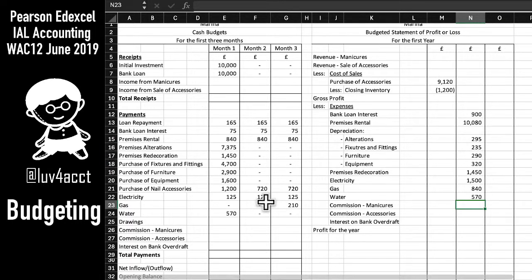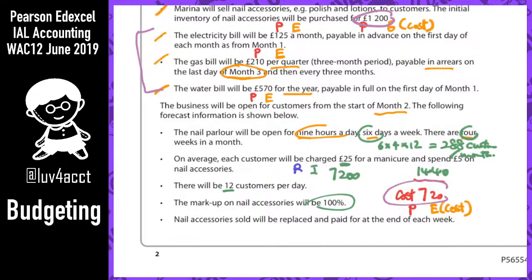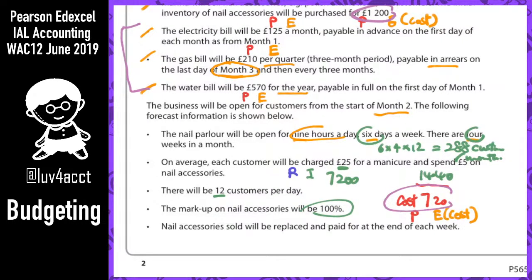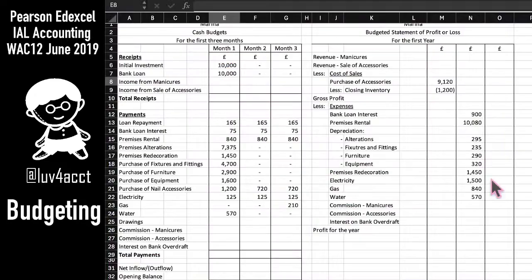Next part will be our revenue part. As we have already calculated, it is not that difficult. Our revenue, let us go back and look first. Business will start in month 2, and we are going to receive 7,200 for manicures and 1,440 for sale of accessories. So let us put in these 2 figures first.